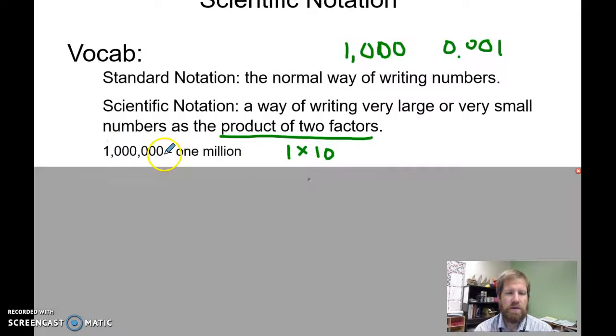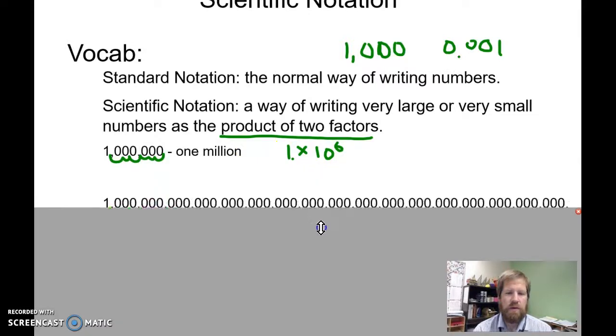I'm moving my decimal place from here, 1, 2, 3, 4, 5, 6, and it's going to be 1.0 times 10 to the 6th. These are all equivalent, written out in standard notation, 1 million, or written out like this. You can see that writing this out for 1 million doesn't really save me any time.